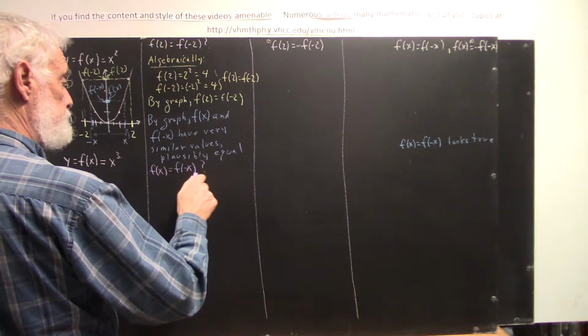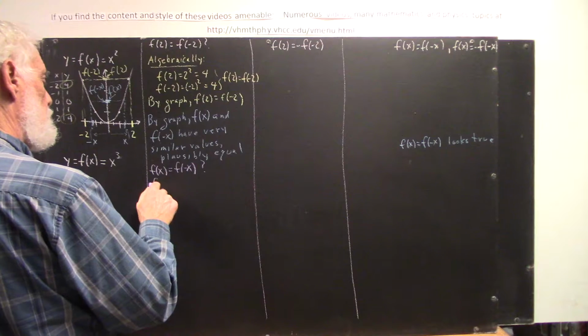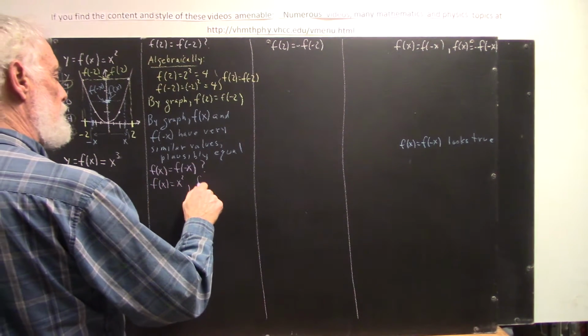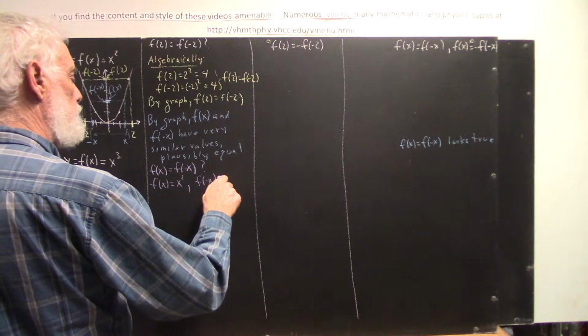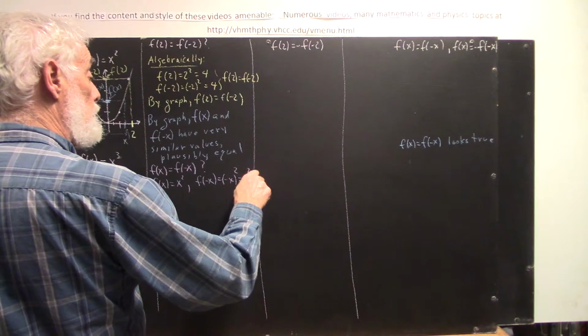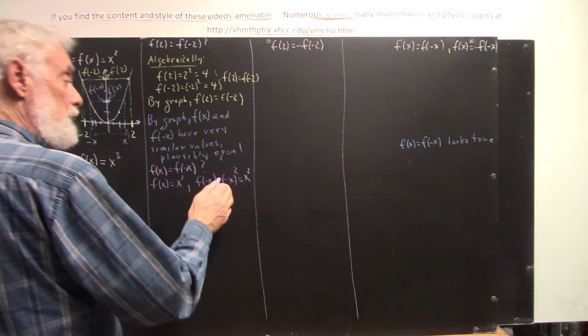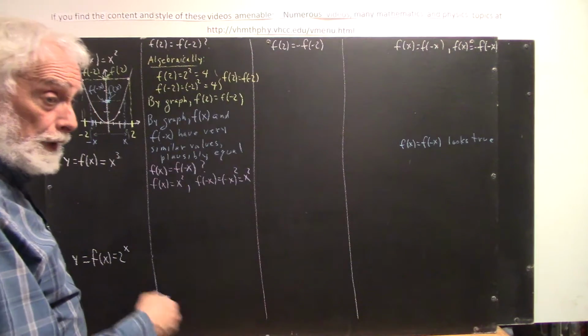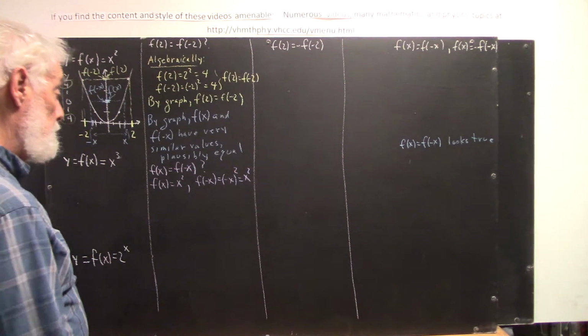Well, f of x equals x squared, and f of negative x equals negative x squared, which is equal to x squared, since a negative times a negative is a positive, so negative x times negative x is positive x squared.